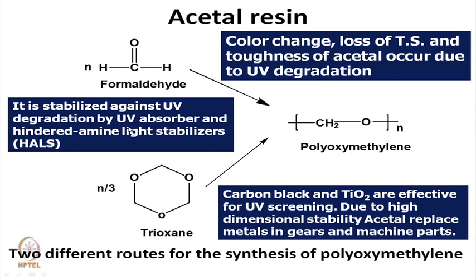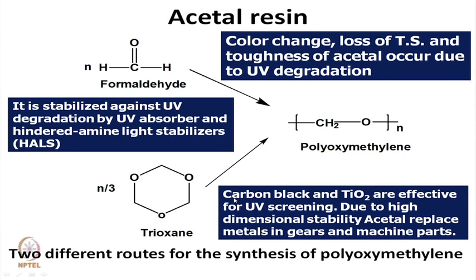So, UV absorbing compounds or UV stabilizers, or hindered amine type compounds. Hindered amine means an amine derivative with long hydrocarbon chain. Such a type, known as HALS, hindered amine light stabilizer, can reduce the degradation of polyoxymethylene from UV light.